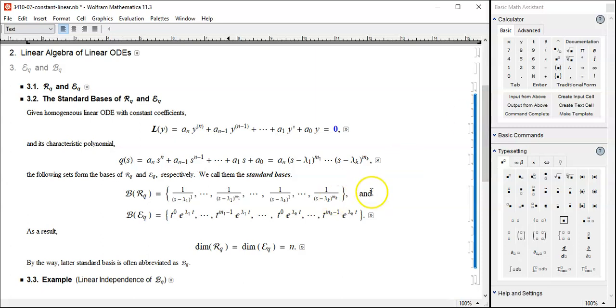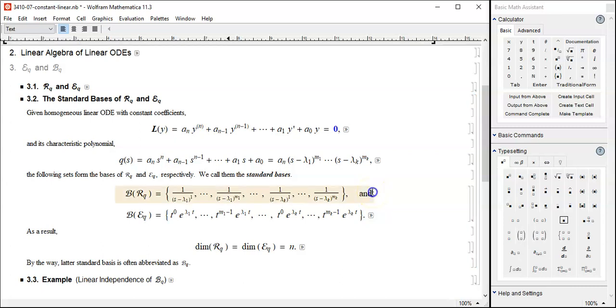It'll turn out the basis of RQ looks like this, where all those denominators are coming from the zeros of the characteristic polynomial. You see, the characteristic polynomial can be factored completely all the way down to linear factors in the complex number system if you use the fundamental theorem of algebra.